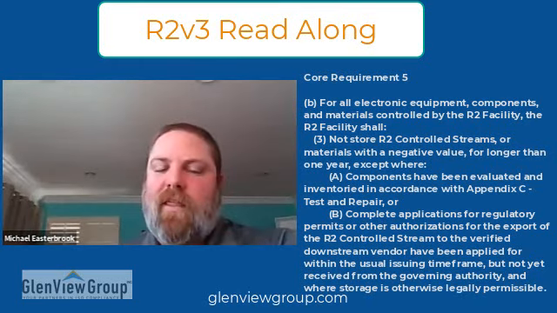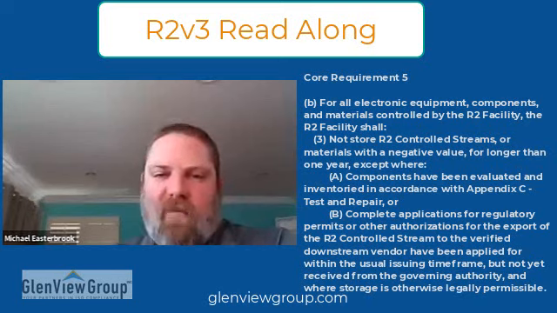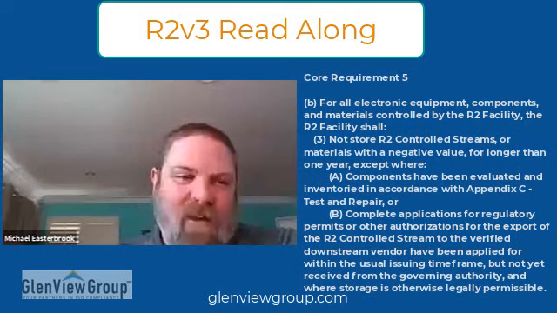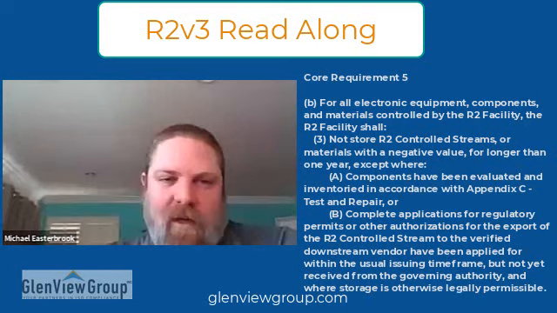There's a possibility that steel or plastic could have a negative value potentially. So I think that's because it says not store R2 controlled streams or materials with a negative value for longer than 1 year, because other things have that regulatory requirement.